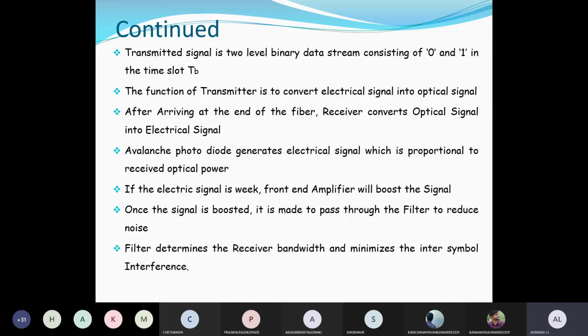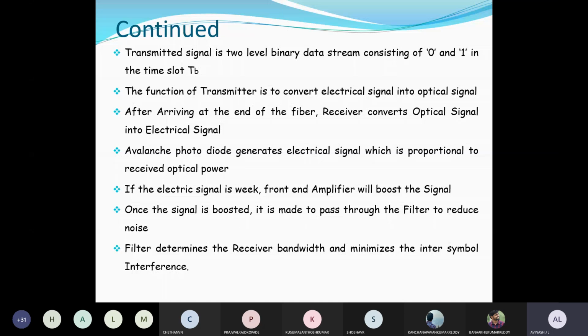The filter determines the receiver bandwidth and minimizes the inter-symbol interference.